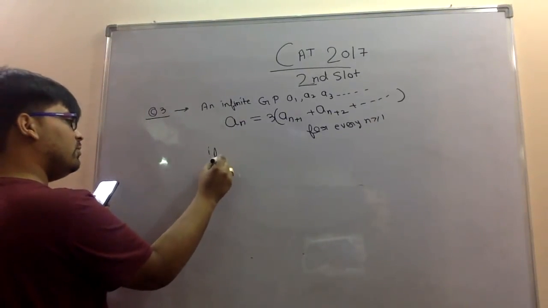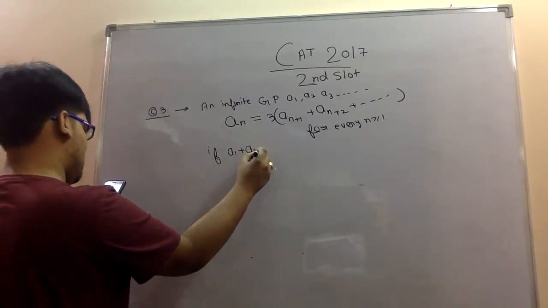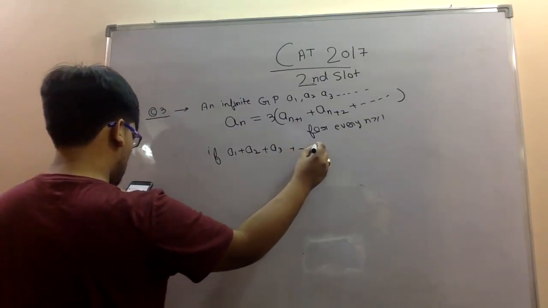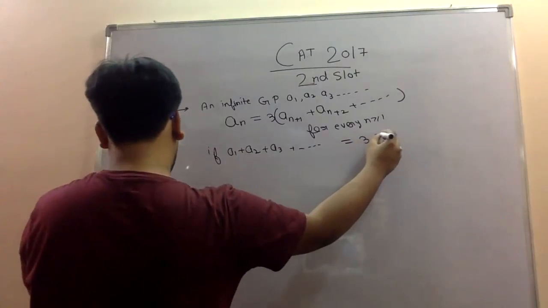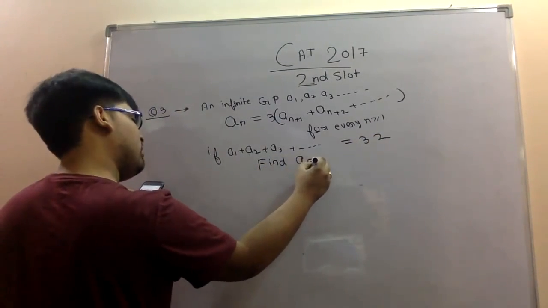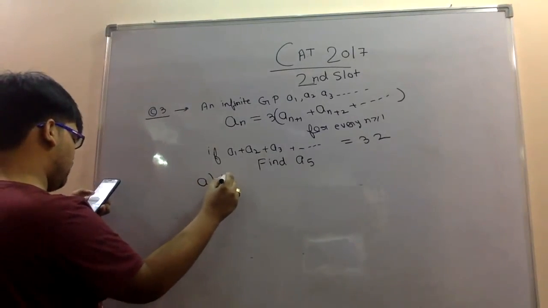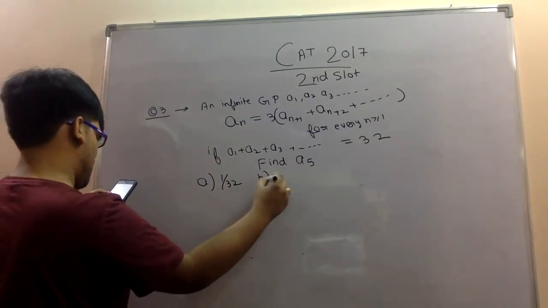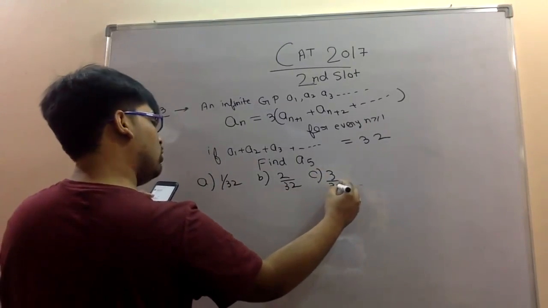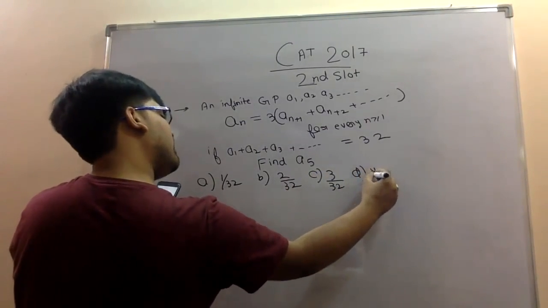If a1 plus a2 plus a3 dot infinity is equal to 32, find a5. Option A is 1 by 32, option B is 2 by 32, option C is 3 by 32, option D is 4 by 32.